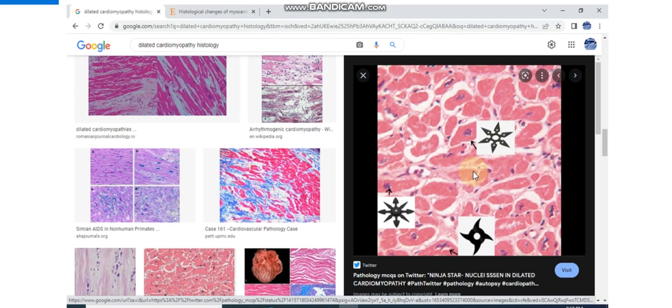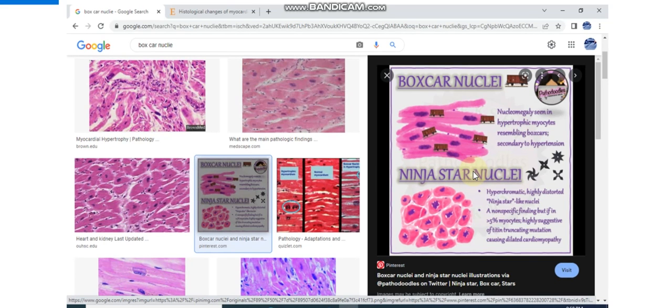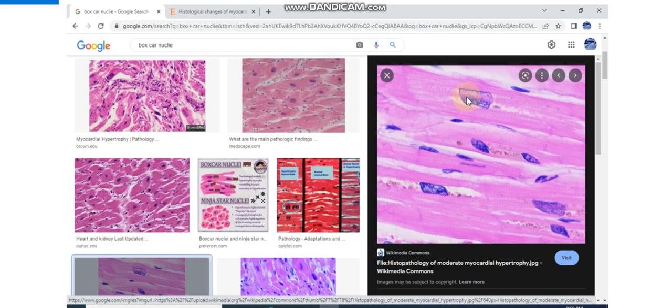Then the second thing you need to know is if there are hypertrophic fibers in case of dilated cardiomyopathy, you can have boxcar nuclei. In case there are hypertrophic fibers, boxcar is something like this, rectangular nuclei you can see.